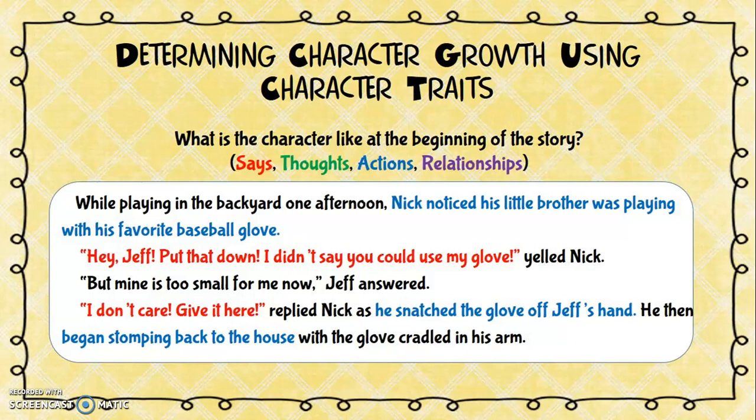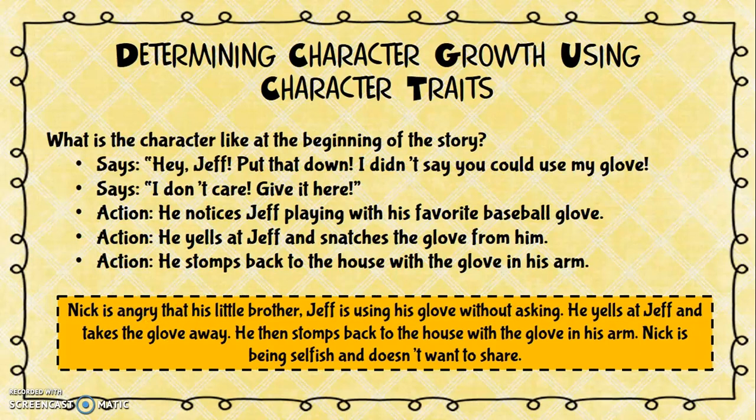Now, what do those things, those actions and those words, tell you about Nick at the beginning of the story? We know that he said to put the glove down. I didn't say you could use it. He said he didn't care. He stomped away after he took a baseball glove away.